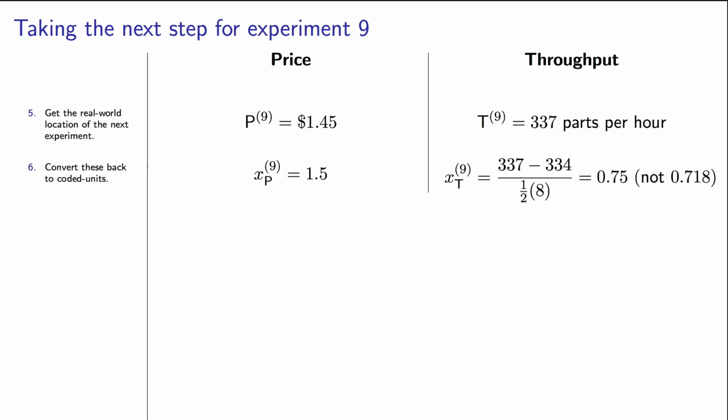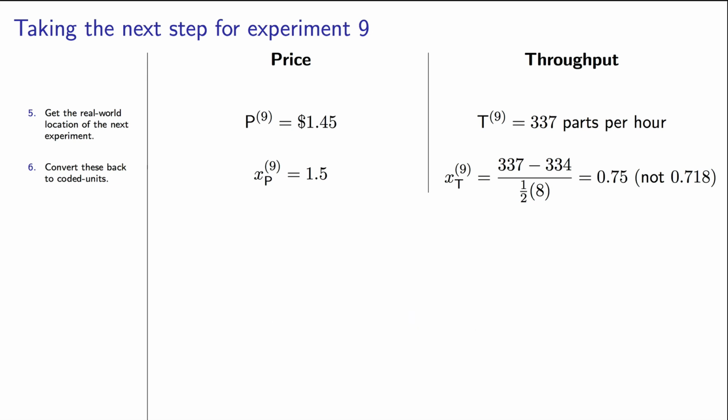In coded units, xp for the ninth experiment is at 1.5 because we selected that. You might presume that the xt value is 0.718 that you calculated, but not quite, because remember we rounded that value. So we should go recalculate what xt is for run 9 using the usual formula that connects real-world units to coded units.